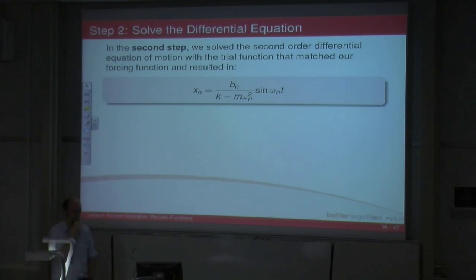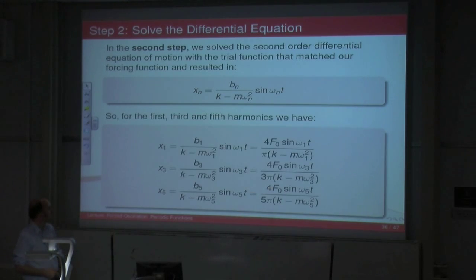In the second step, we solved the second order differential equation of motion with the trial function. So this is chapter 3 theory that matched our forcing function, resulting in this general term for our x of n, the steady state solution in x, for the different values of n. And so x of 1, when we take n equals 1, we end up with this term times sine omega 1 t. Now if I replace b1 with what I know is b1, I end up with this term.